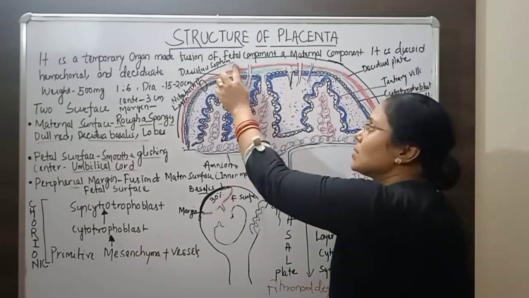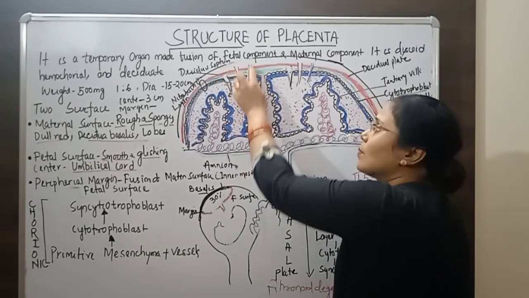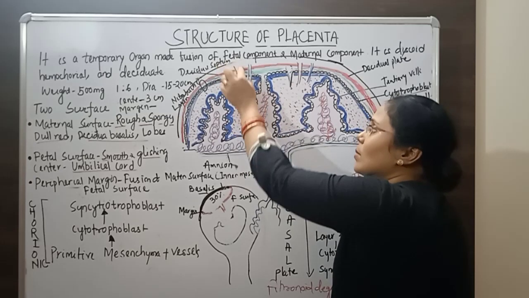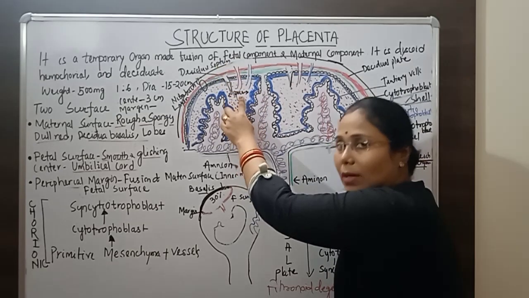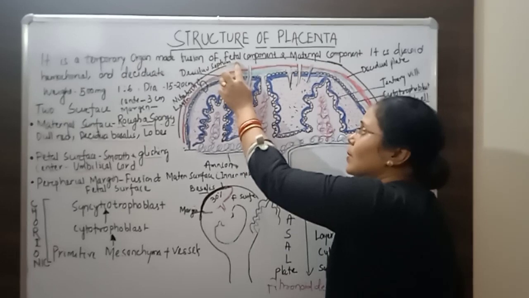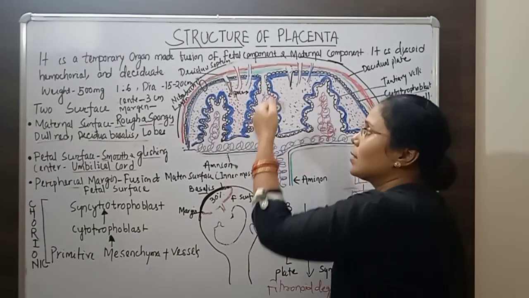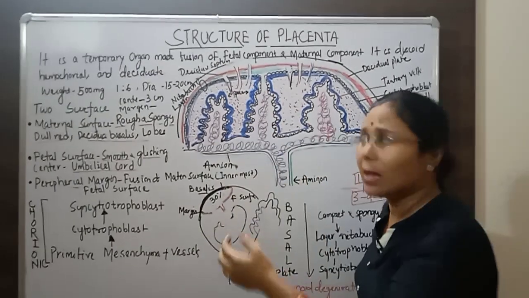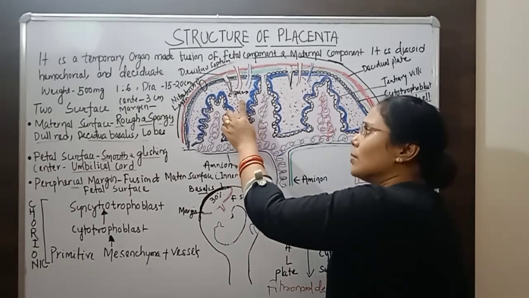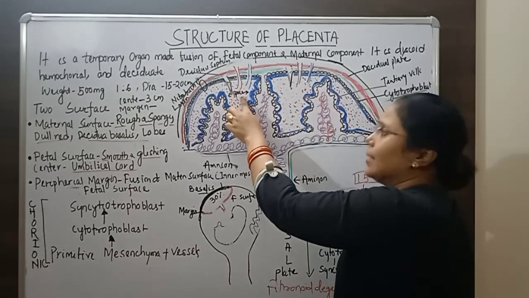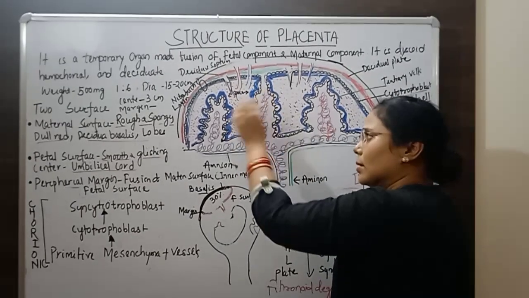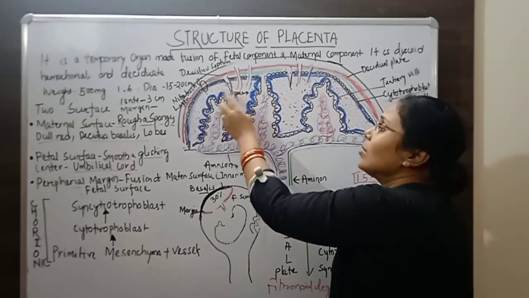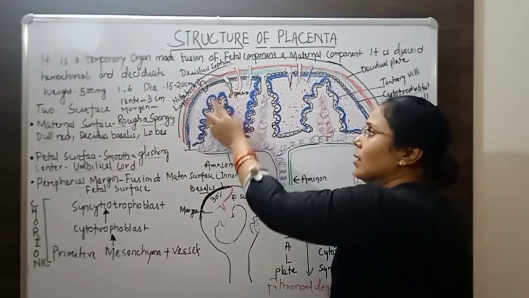The spiral arteries and spiral veins establish from the myometrial layer into the intervillous space. So from the myometrium, blood containing oxygen and nutrients drains inside the intervillous space. By the concentration gradient, this blood and nutrition is absorbed by this layer.